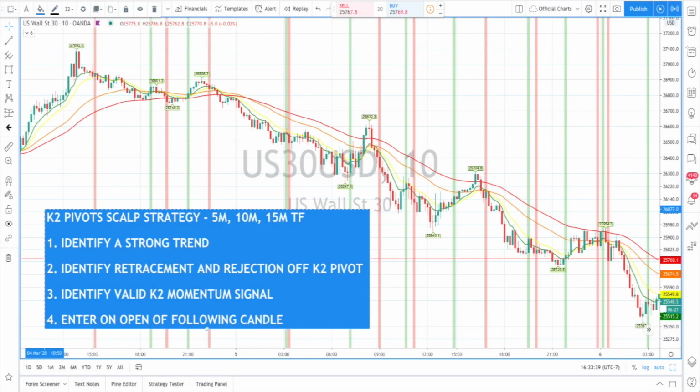Today I'm going to be going over the K2 Pivot Scalp strategy, and this can be applied on the 5-minute, 10-minute, and 15-minute time frame. There's no specific time frame that I highly recommend using this strategy. However, if you're trading on the 5-minute, you're obviously going to have more trade opportunities in comparison to trading on the 15-minute. But if you're trading on the higher time frame, you're going to have higher quality entries with higher accuracy.